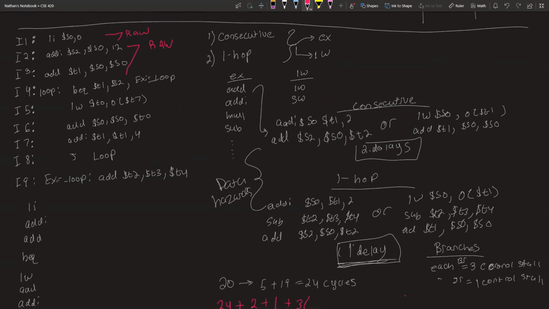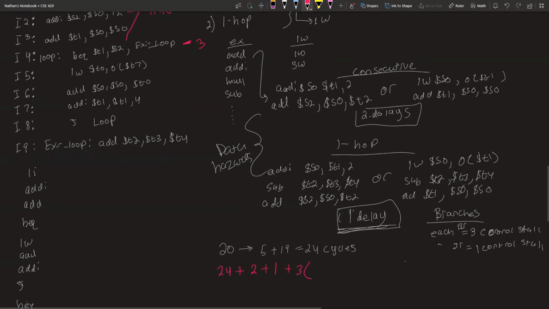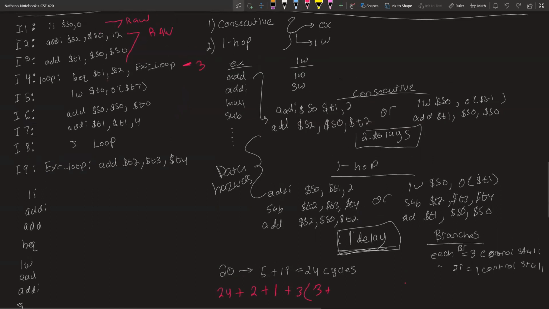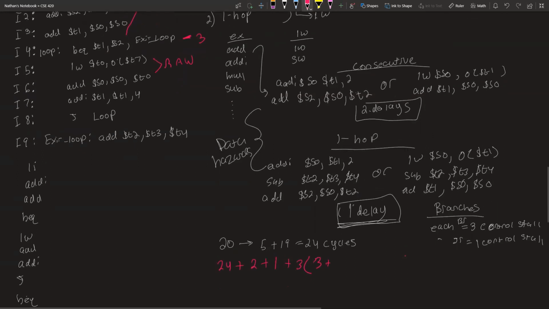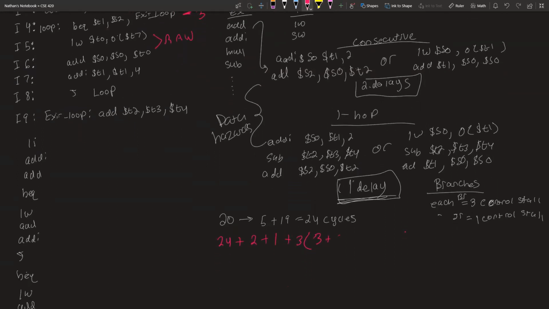Start of the loop, we have branch. The branch is going to incur 3 extra cycles. So we'll put a delay of 3. Then we have a load word, and then we have an add. This is a read after write, and has a stall of 2. We see no extra stalls throughout here, and then we have a jump.